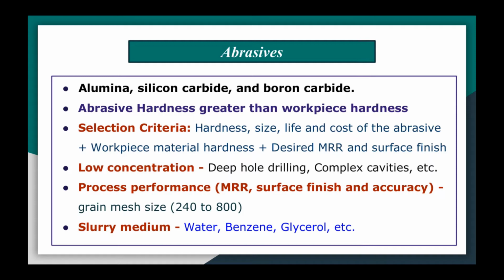Then we should consider the workpiece material hardness, which is also very important to know while selecting the abrasive. The desired MRR, that is material removal rate, and the surface finish should also be taken into consideration. These points we need to consider while selecting the abrasives.